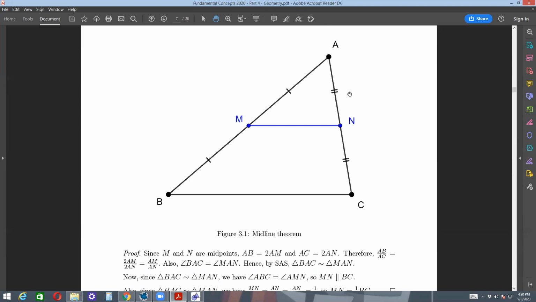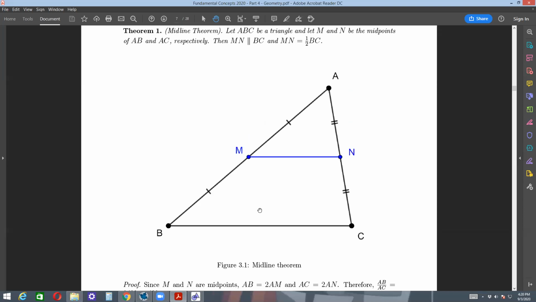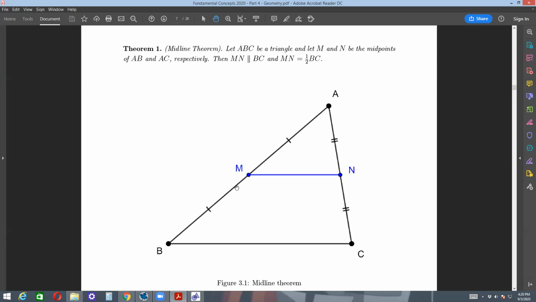Now the converse of this theorem is also true. When I say the converse, I mean if you didn't know that M and N were the midpoints.